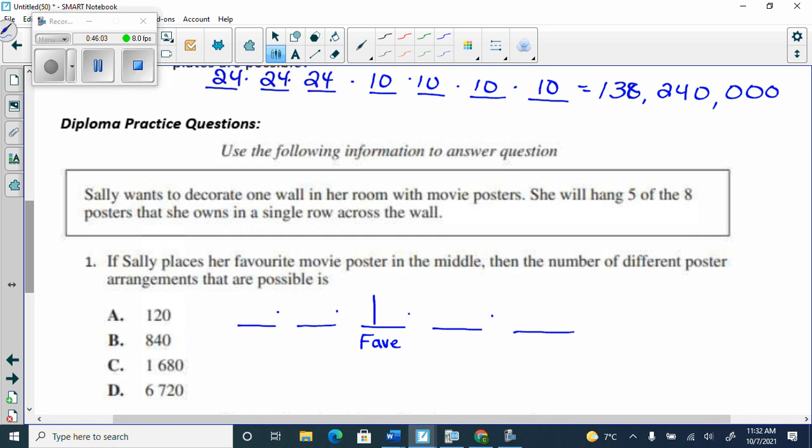She had 8 total. She placed her favorite, so she has 7. Then she hangs a poster here, so how many does she have for this one? 6. Then for this blank, 5. Then she has 4. What's 42 times 20? 840?